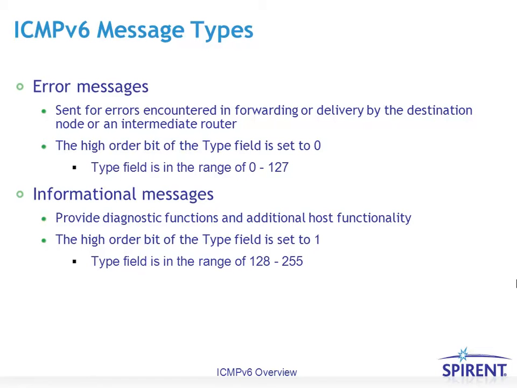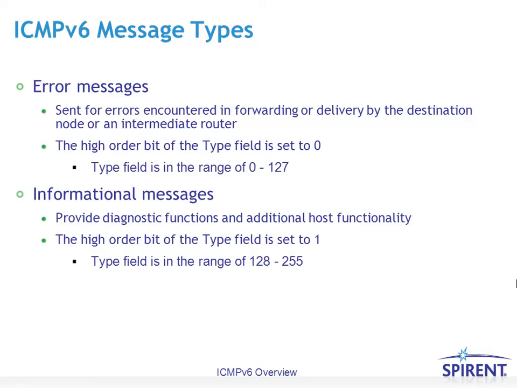The two main message types for ICMPv6 are error messages and informational messages. To distinguish the two, you can look at the high order bit of the type field. If it's set to 0, that means it's an error message. Therefore, the range, which is a 1 byte field, is 0 to 127.